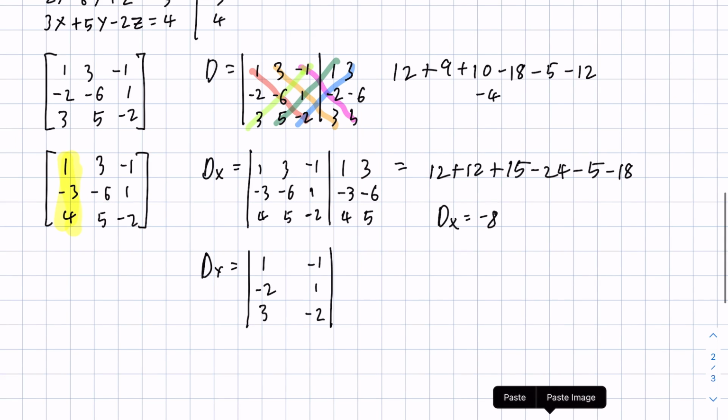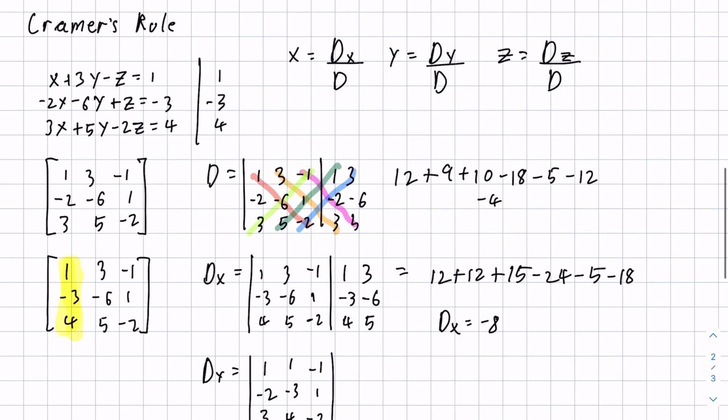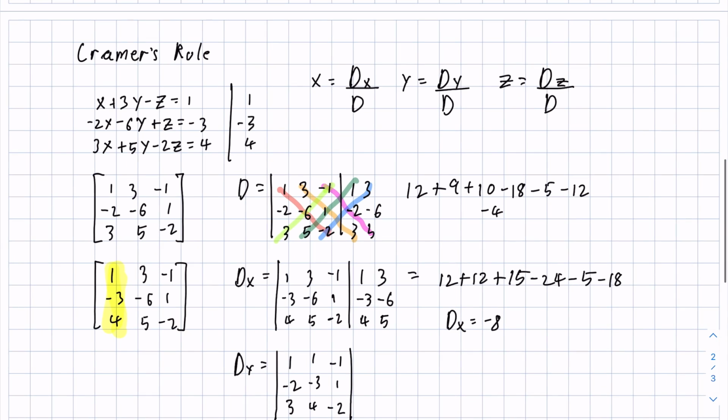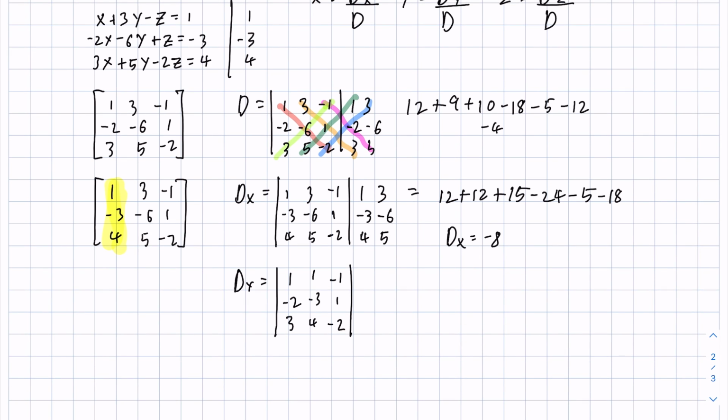So that'll be 1, -3, 4. Let's find the determinant of this, because that's what Dy is. It's 6 plus 3 plus 8 minus 9 minus 4 minus 4. So Dy ends up being 0.